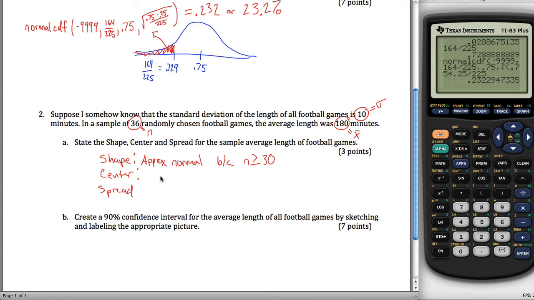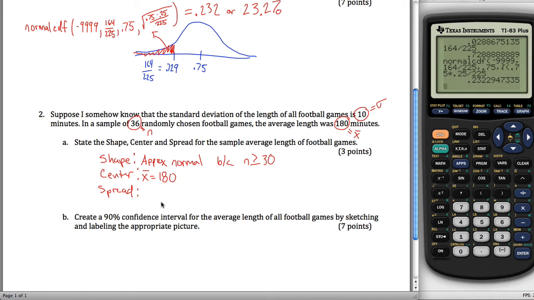The center of my distribution, mu, the center of the population, is unknown. I'm creating a confidence interval for it, but I do know that x bar is 180, so I'll use that as my center.